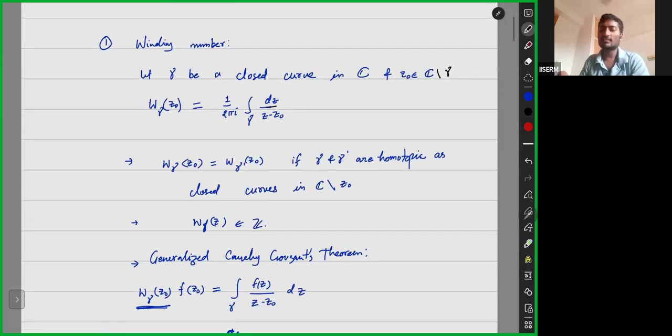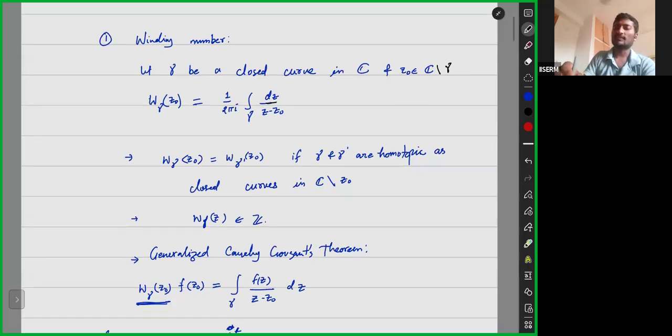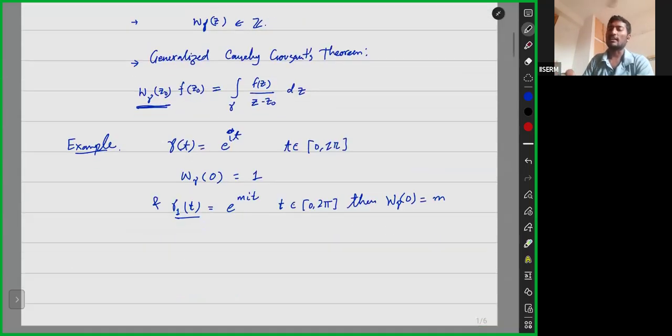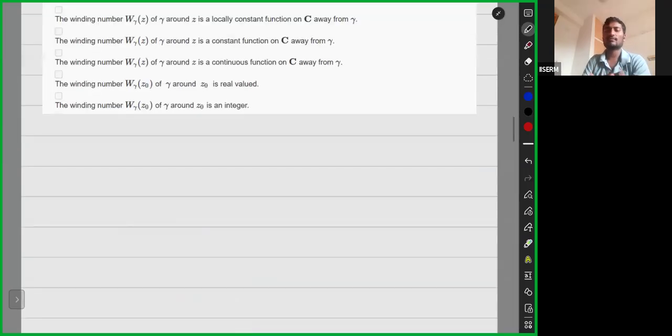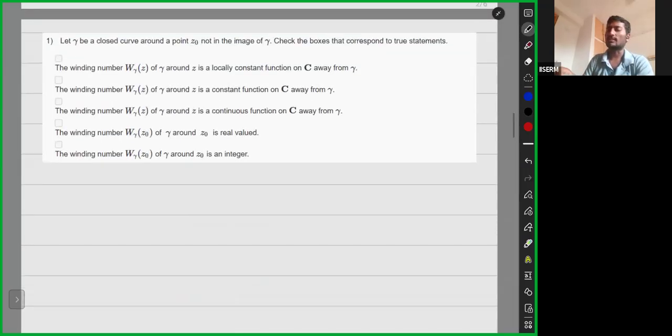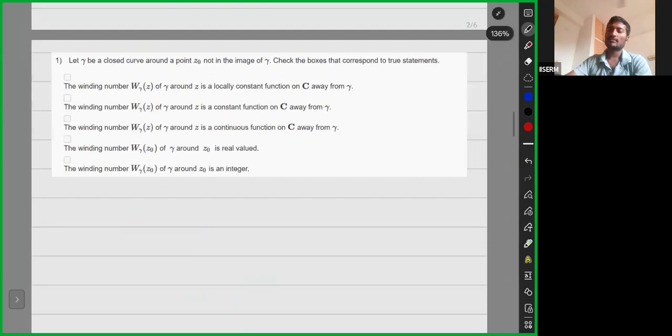If it is on the curve gamma itself, we don't define it, because 1 by z minus z naught is not holomorphic there, so it is not well defined in the domain.